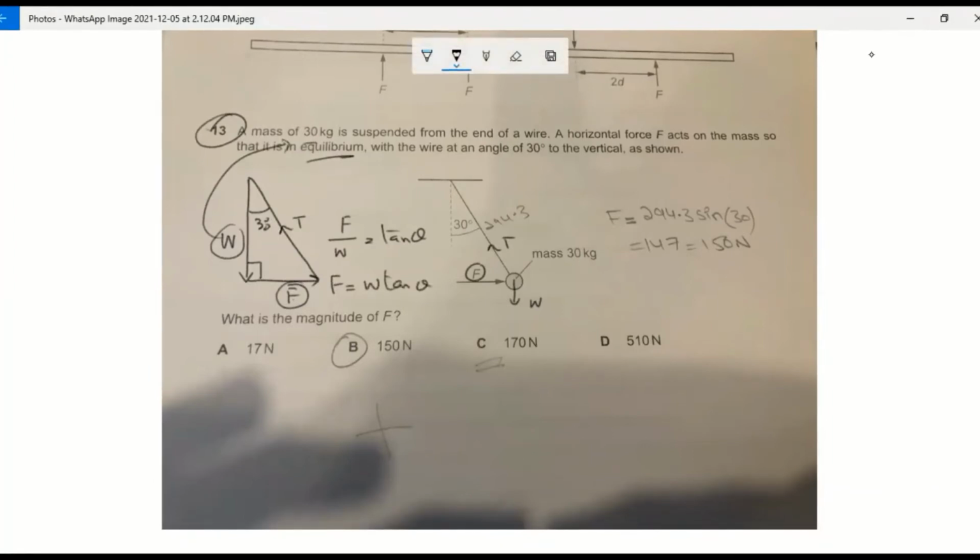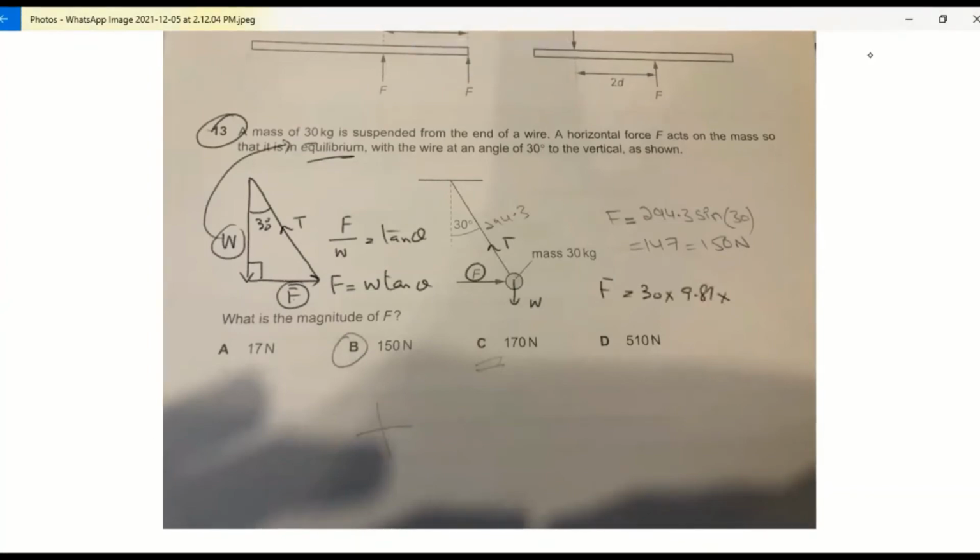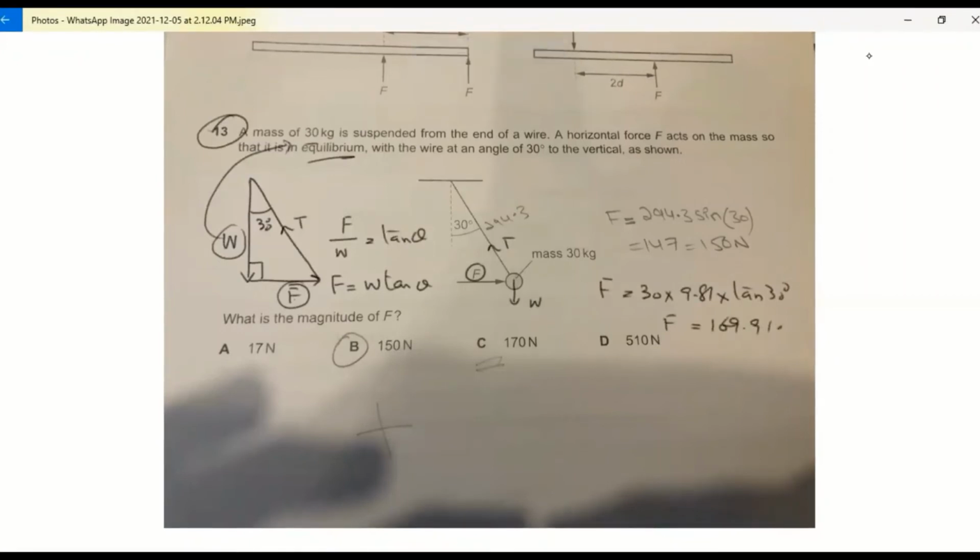And then this F is equal to W is mg, 30 times 9.81 multiplied by tan of 30 degree. So after calculation, this answer is coming 169.91 Newton. So it is 170 Newton.